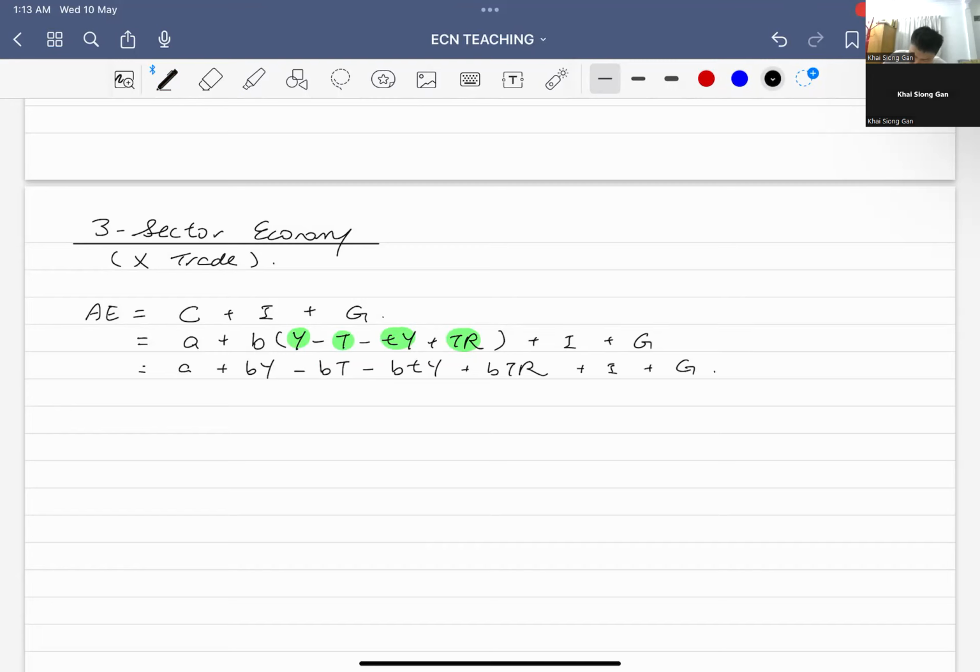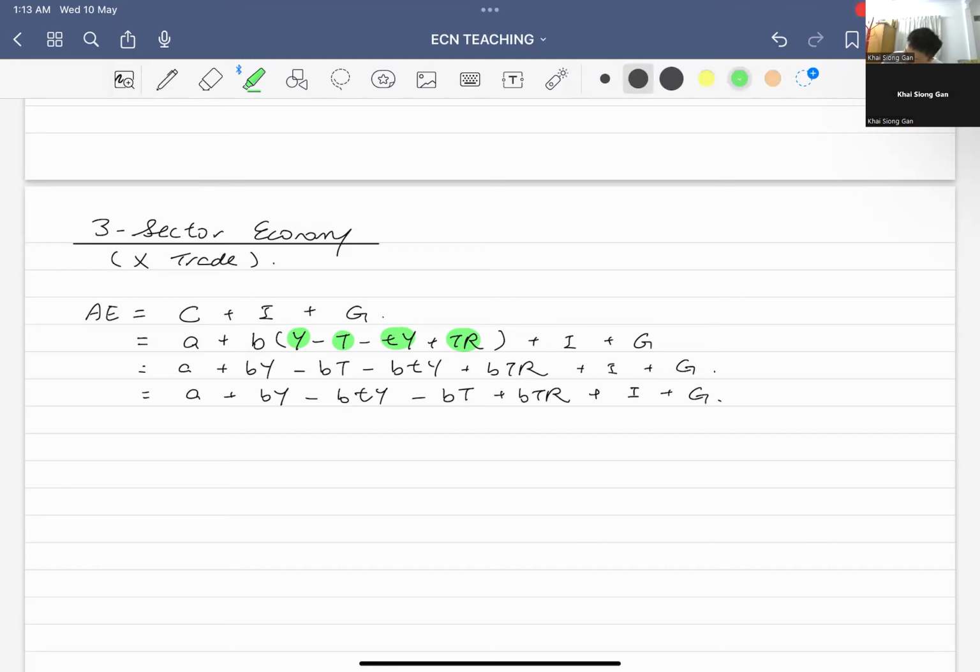Now what's next is I would like to move Y on one side first. So for example, I can rewrite like this: a plus bY, minus btY, minus bT, plus bTr, plus I plus G. Why am I doing this?